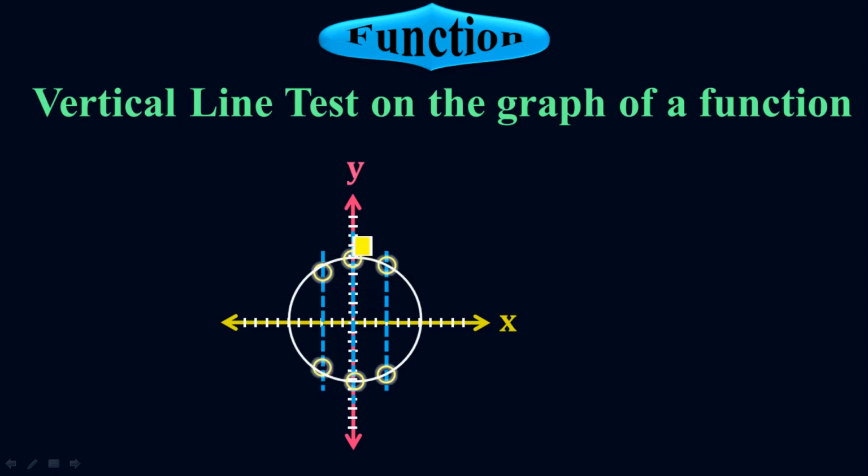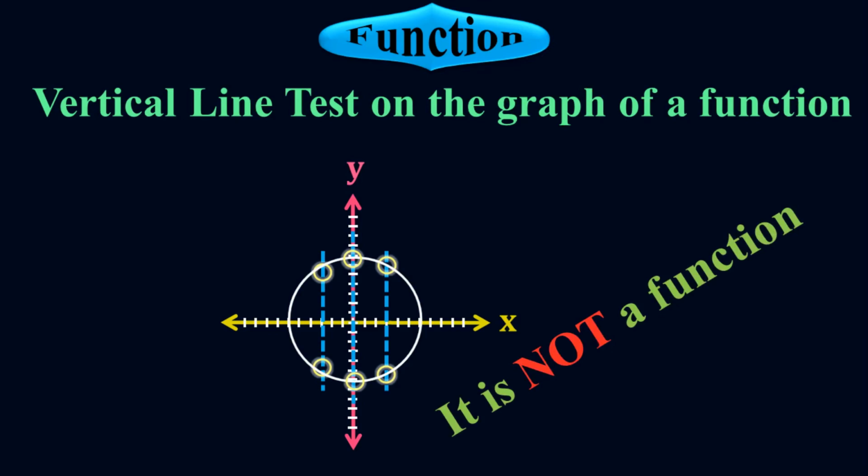Similarly, this line touches here and then on another point. So is the third one. It touches the graph at this point and then going down to touch it again at this stage. So all the vertical lines touch the graph at 2 points. It does not satisfy the vertical line test. The vertical line test is failed here. Therefore, it is not a function. I cannot say that it is a function.